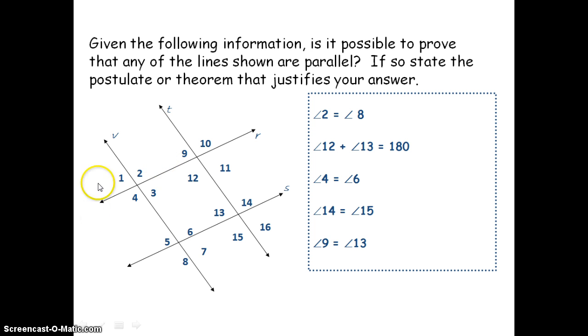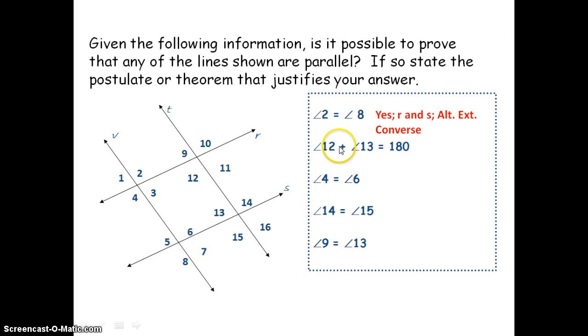Those are the parallel lines, and line V is the transversal between these two angle pairs. So these are alternate exterior angles, and I'm telling you that they are equal or congruent. So yes, I can say that R and S are parallel, and it's because of the alternate exterior angle converse.